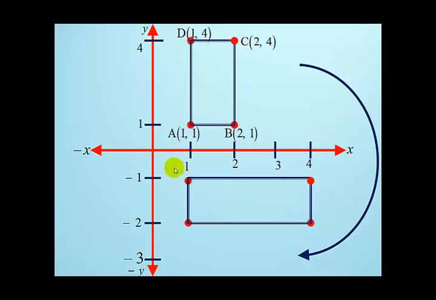So find the vertices after rotating A, B, C, D clockwise through 90 degrees about the origin.